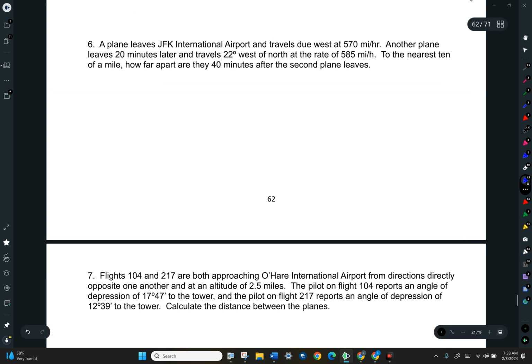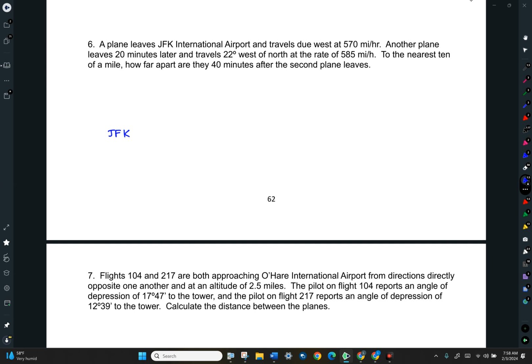A plane leaves JFK International Airport and travels due west at 570 miles per hour. So let's say here's JFK.